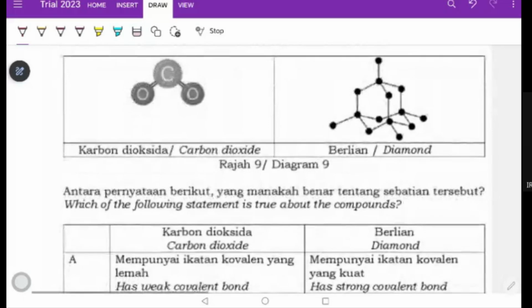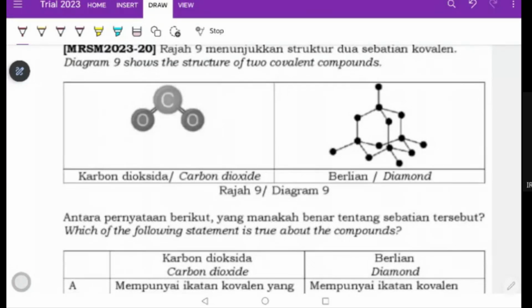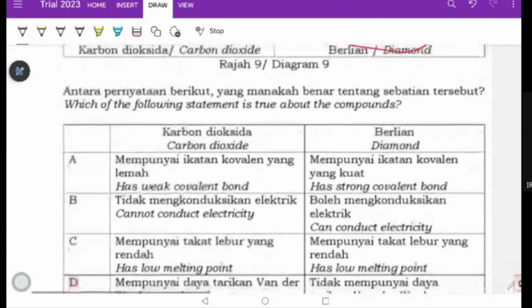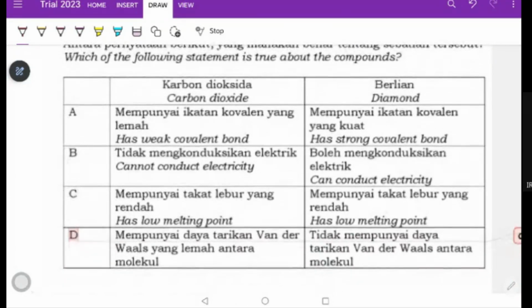Now this one is a simple one. This one is giant. As long as you see a structure like this, it is a giant one. Which one is true? This one is simple.